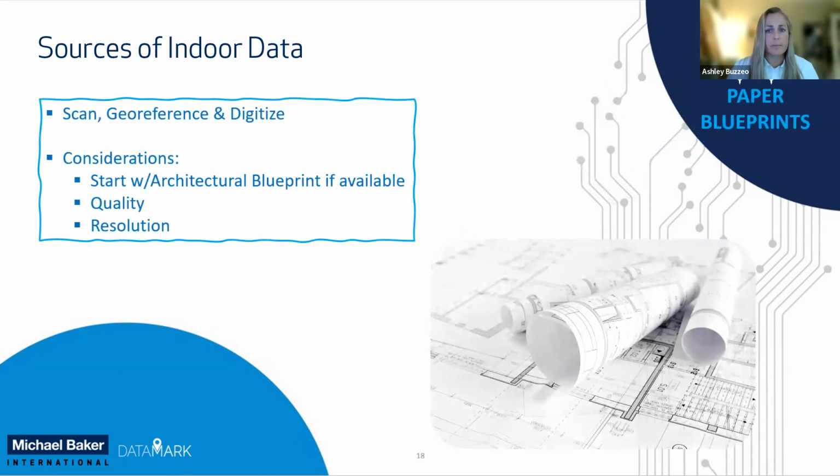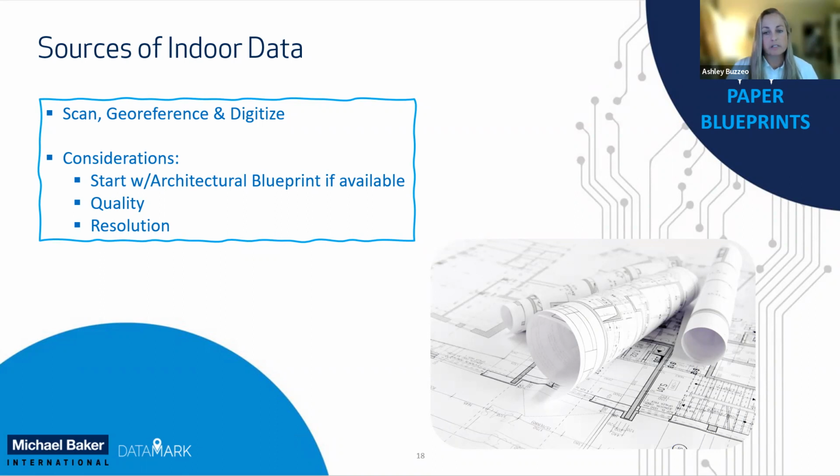It's pretty easy to take a paper copy of a plan, scan it in to make it digital, georeference it to space, and then go through the process of digitizing the information you want to collect from that plan. So the idea is to take it from paper to digital, and then from digital to geospatial, in terms of geospatial data layers or information about that space.